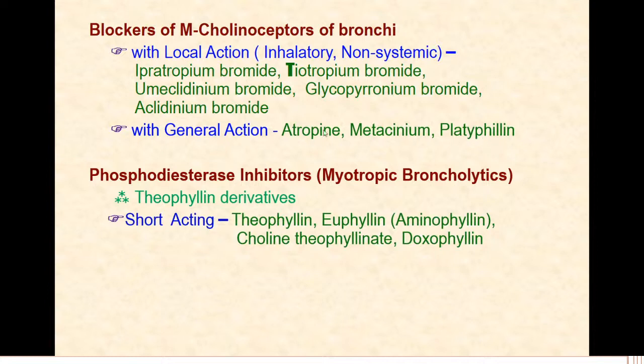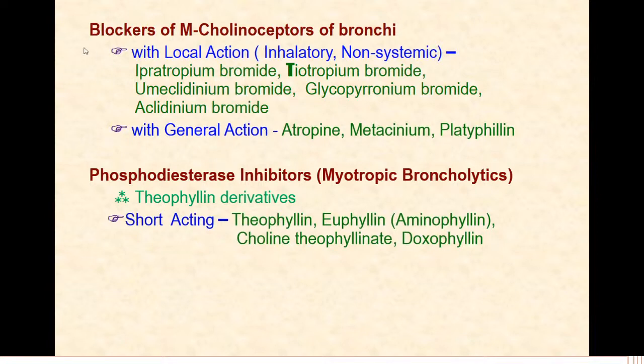These drugs can be introduced orally in the form of tablets or by injections. And after introduction, the drugs act on the whole organism, not selectively. Not only on bronchi, but on the heart, on the stomach, and so on. The drugs with general action.